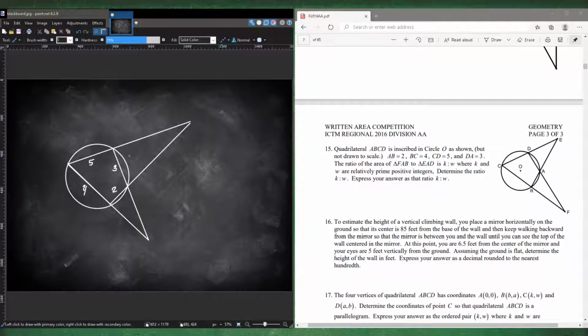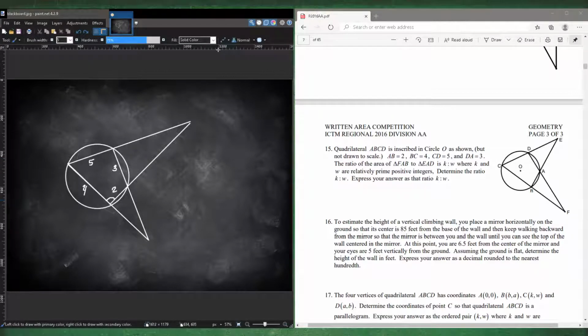So what you need to know is that this triangle and this triangle are similar, and this triangle and this triangle are similar. So how do I know that? Well, they share this angle, so we already know one angle is the same. And I know this one is equal to this, because for inscribed angles, these two angles have to add up to 180.